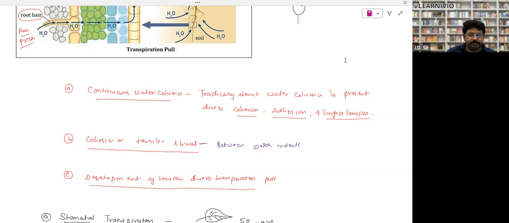Next, subheading B: cohesion or tensile strength.